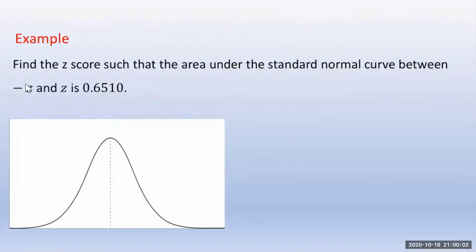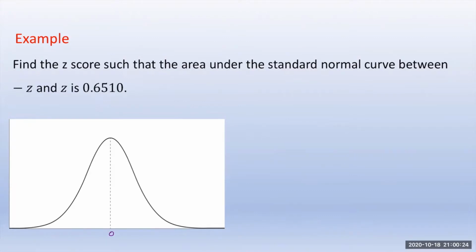One more example here. Find the Z score such that the area under the normal curve between negative Z and positive Z is 0.6510. For the standard normal distribution, mean is in the middle. So here you have the mean. Negative Z will be on the left and positive Z will be on the right.